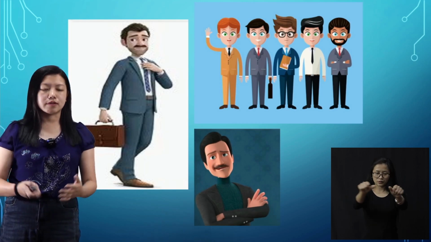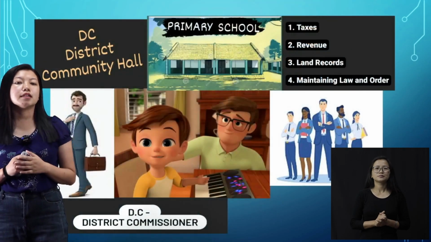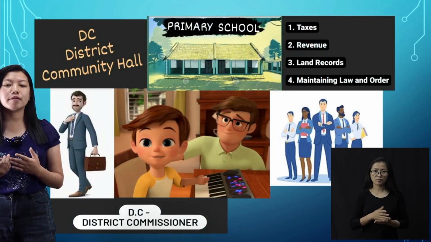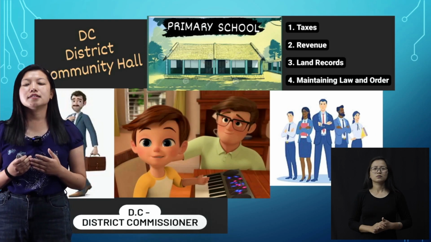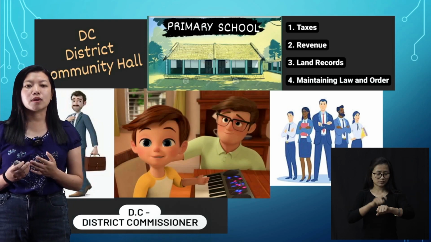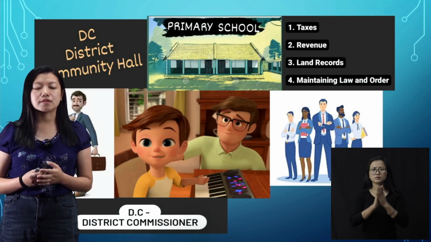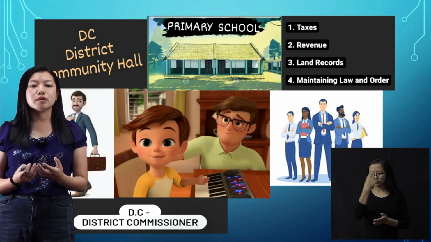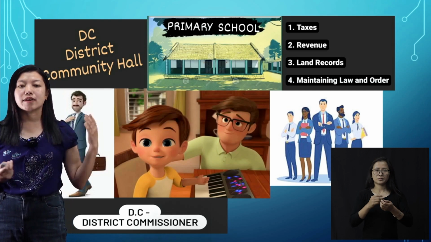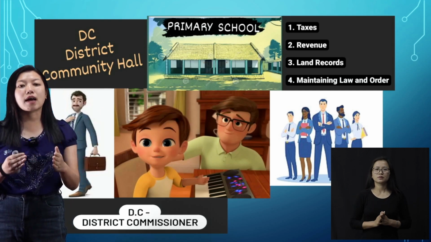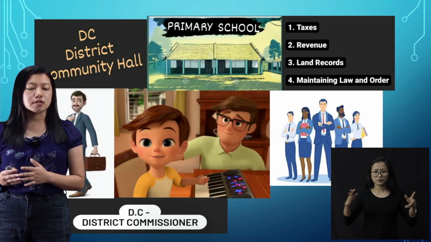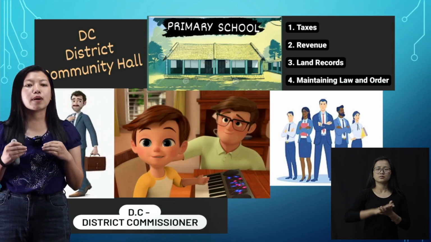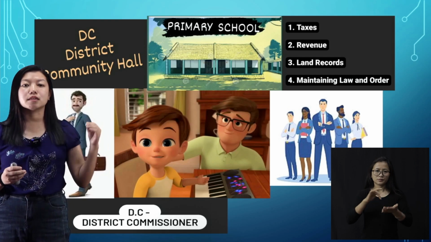Now, when Lanu heard about all these new things, he was very excited. And this time, when he was having a conversation with his father, he came to know that there is a person known by the name DC, and that we also have different divisions in our own state, like districts. Then we also have a meeting place like a community hall.